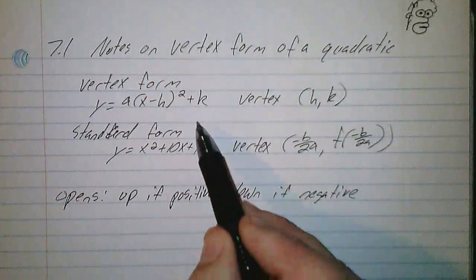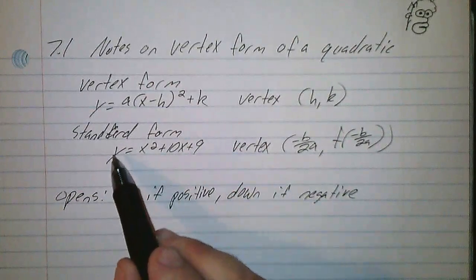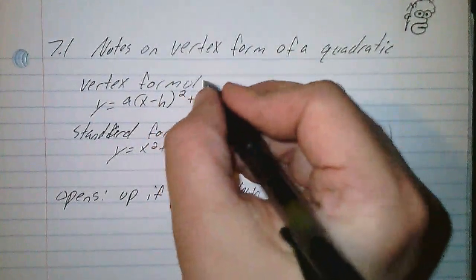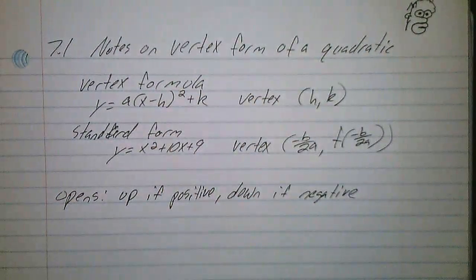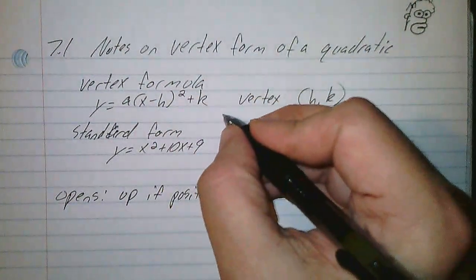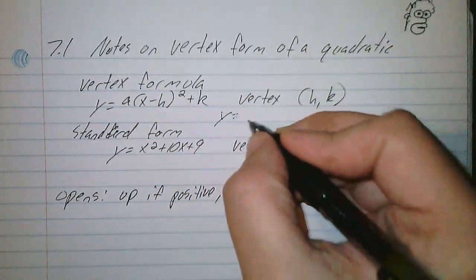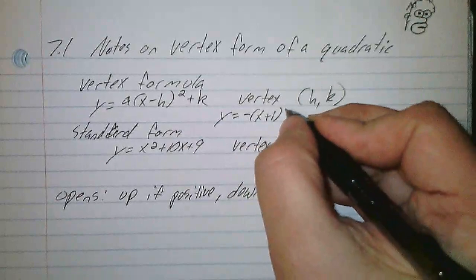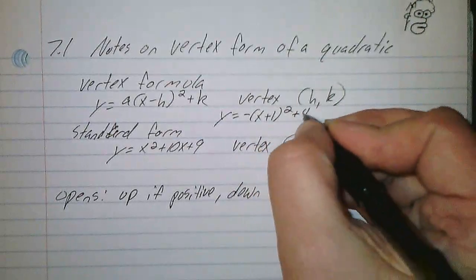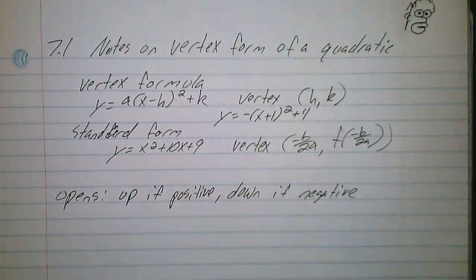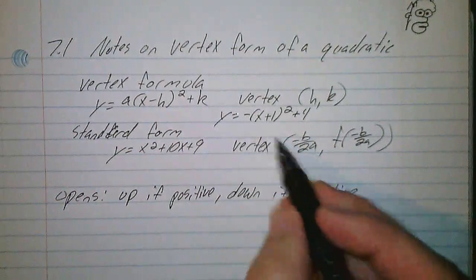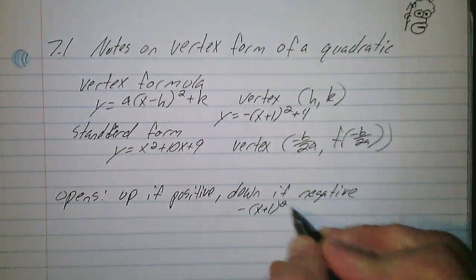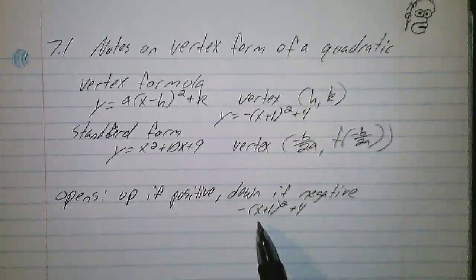Let me show you an example of vertex form, because that is the formula. An example of vertex form would be something like negative (x plus 1) squared plus 4.